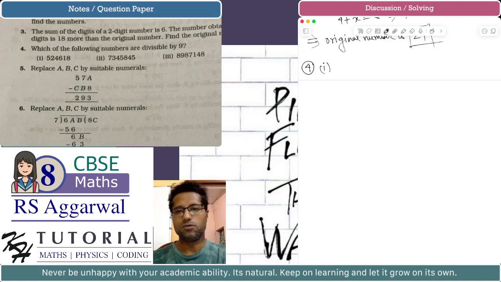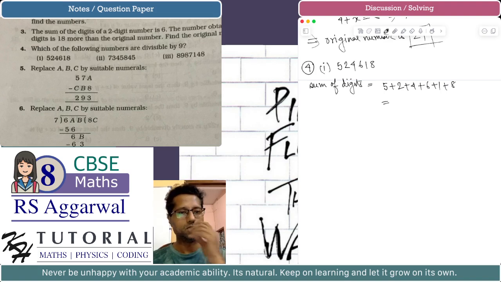So the first number is 5, 2, 4, 6, 1, 8. The sum of digits is equal to 5 plus 2 plus 4 plus 6 plus 1 plus 8, which is equal to 7, 11, 17, 18 and 26.